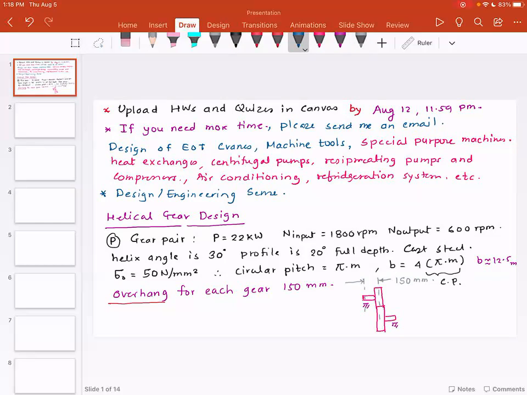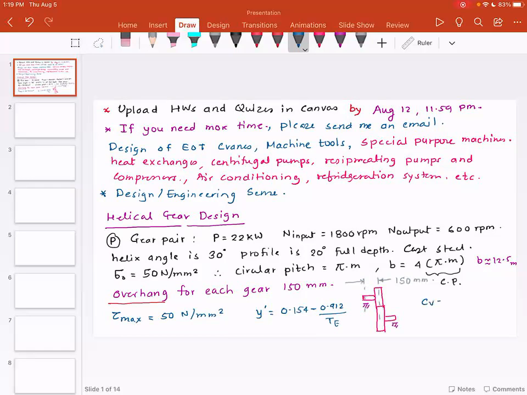The next thing is the shear stress, tau max, which is again 50 Newton per millimeter square. And this shear stress is needed for shaft design. Additional information is Lewis's form factor, given as 0.154 minus 0.912 divided by TE, where TE is the equivalent number of teeth.